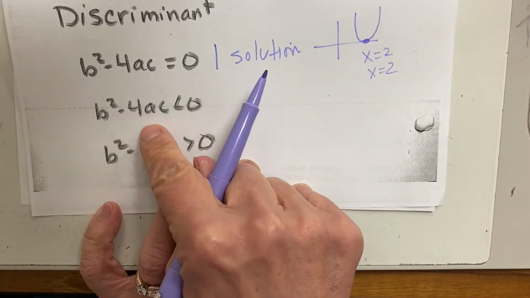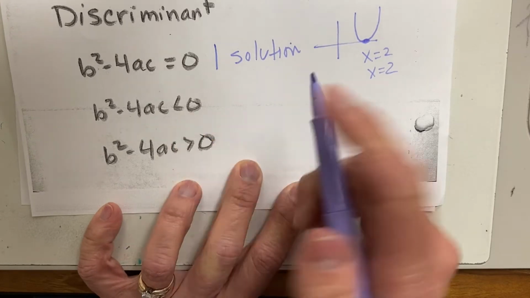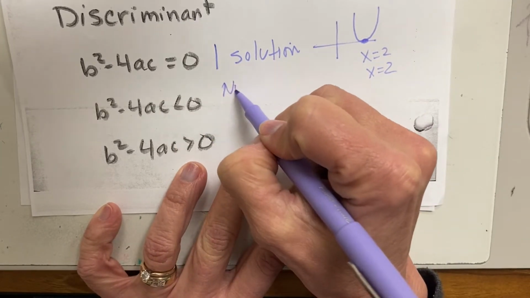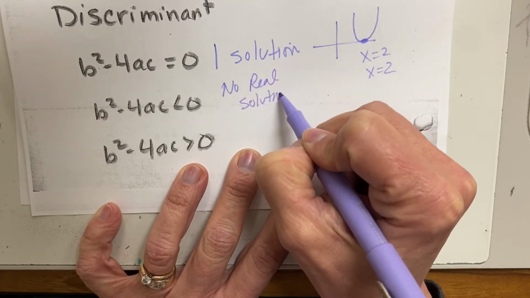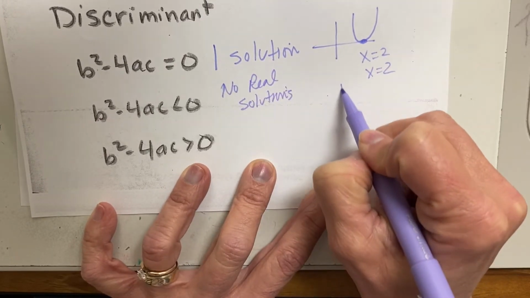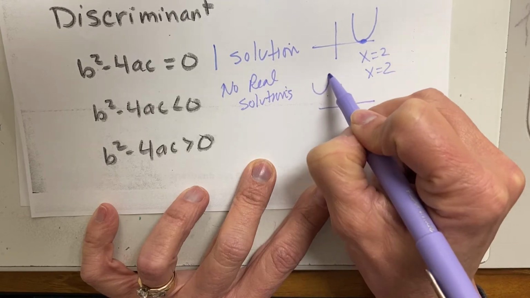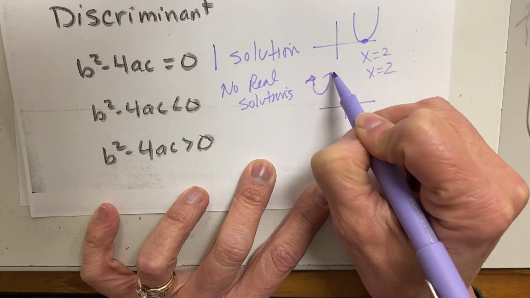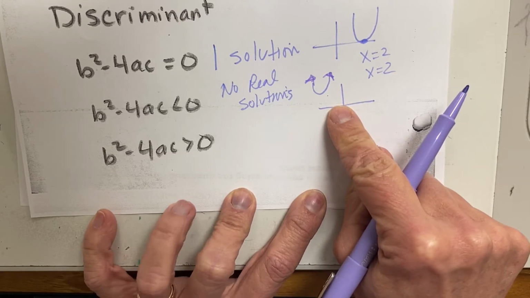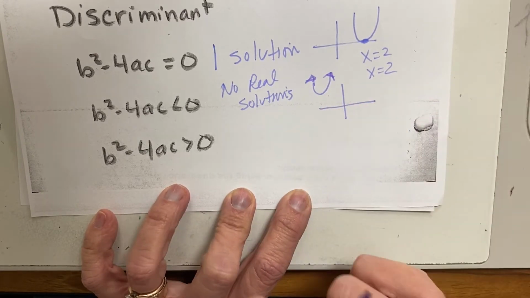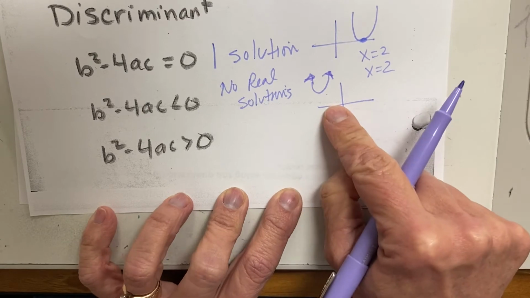If b squared minus 4ac is less than 0, then we have no real solutions. Our graph might look something like this, where it is not crossing the x-axis, and so we do not have any solutions.